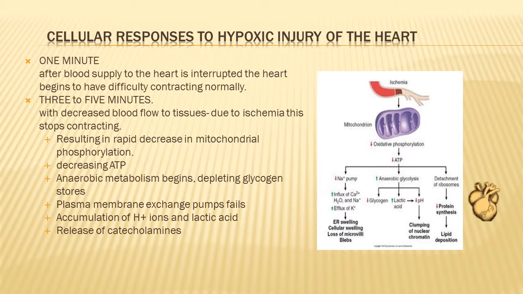So the anaerobic metabolism begins, and that depletes your glycogen stores. The plasma membrane pumps fail, your sodium, potassium, calcium, and that leads to cellular swelling, and then you have accumulation of hydrogen ions and lactic acid, and that's decreasing your pH.